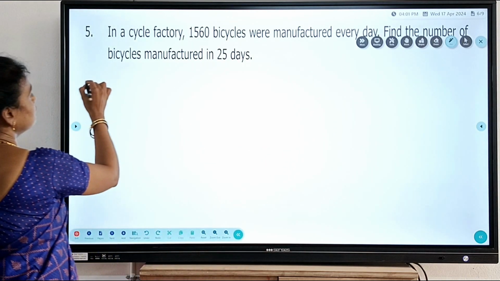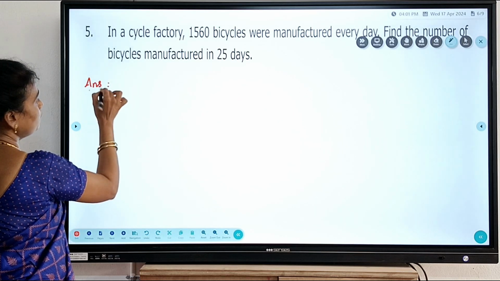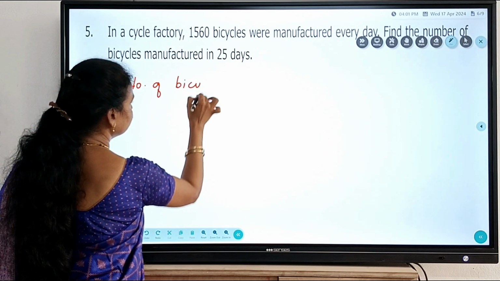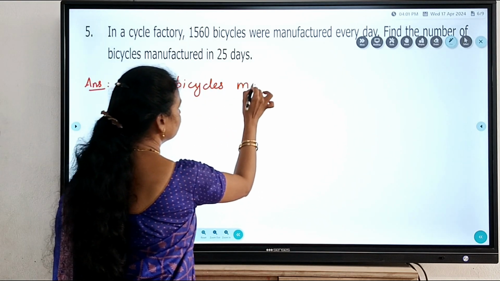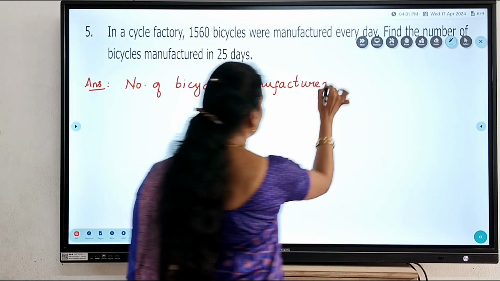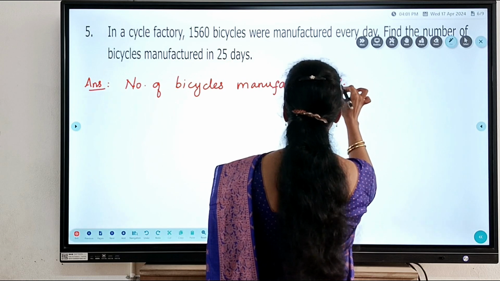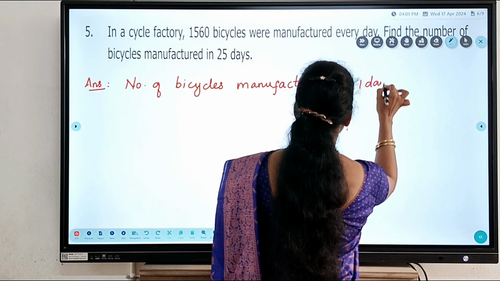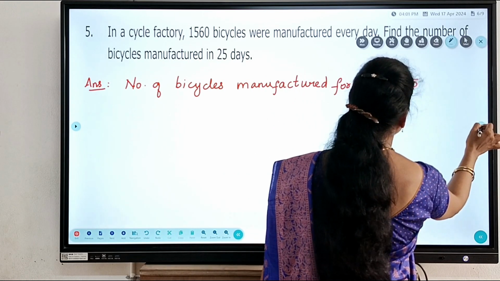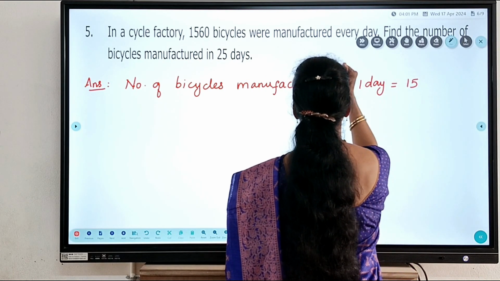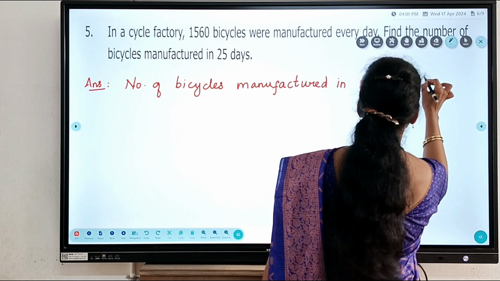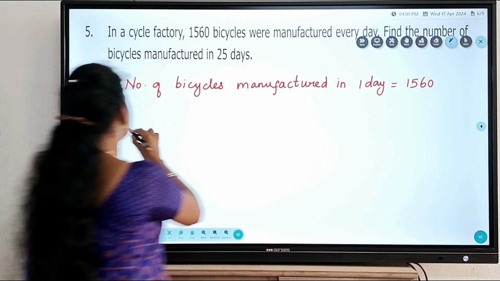So here also this is a statement problem. Statement has to be written. So number of bicycles manufactured for one day is 1,560.